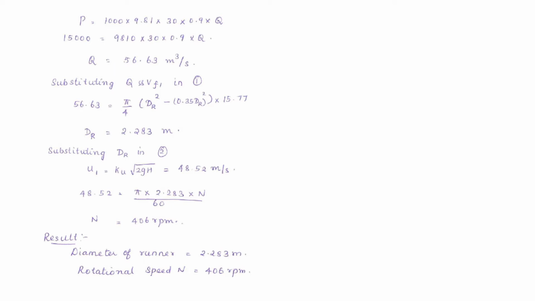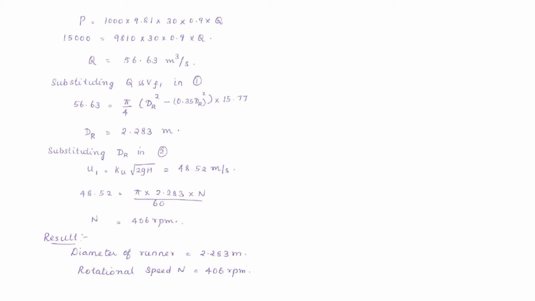After finding the diameter of runner, you have to find the rotational speed N. For finding the rotational speed, you must know U. So how to find U? U is equal to Ku into root of 2gH. With the H and Ku that they have given in the problem, you can find U1.